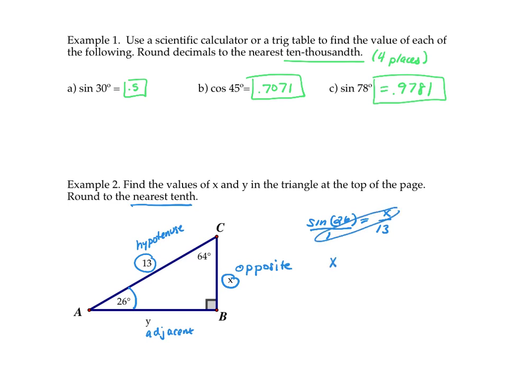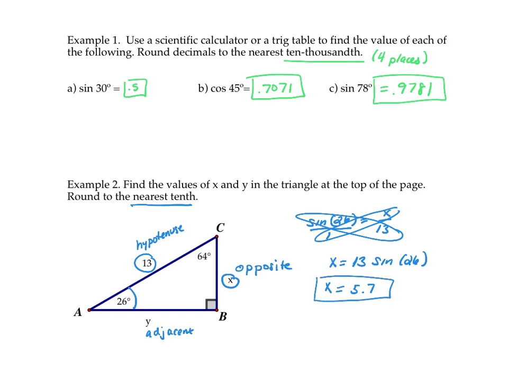X times 1 gives us x. We want to set it equal to 13 sine of 26. And please follow my advice and put that 13 out in front of your trig function. So you type in 13 sine 26 on your calculator, hit the equal key or enter, and it turns out to be 5.7 when rounded to the nearest tenth.